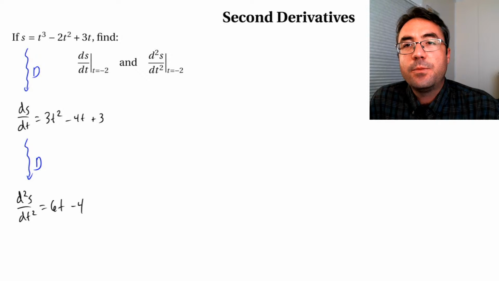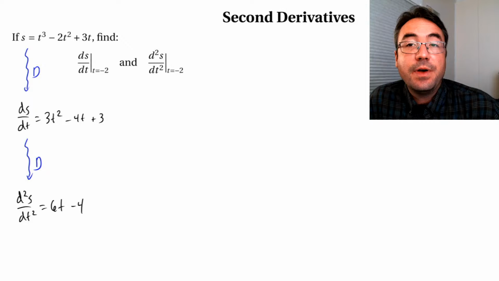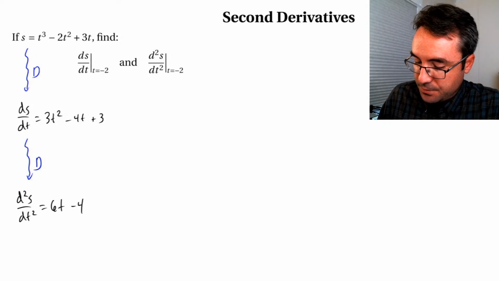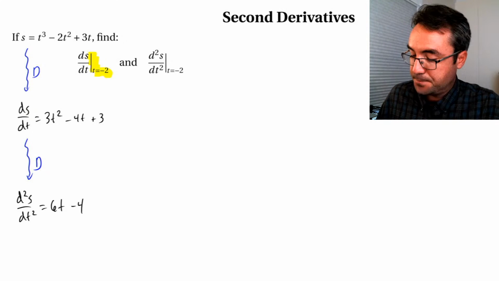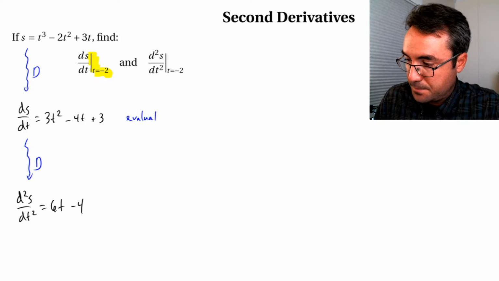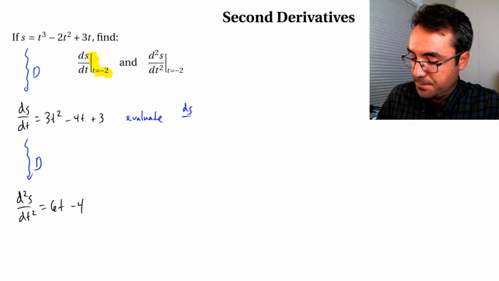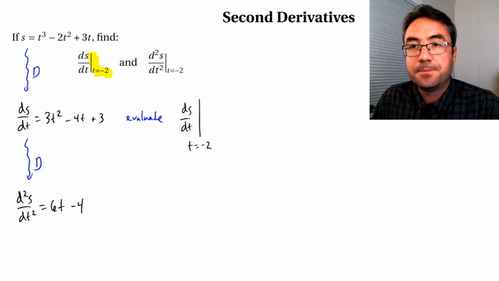So we have our first derivative, we have our second derivative, and then we want to evaluate each of these. So that's what this vertical line represents. It's our evaluate line. So we're going to do the derivative evaluated at -2.